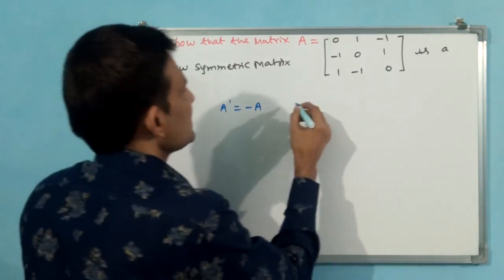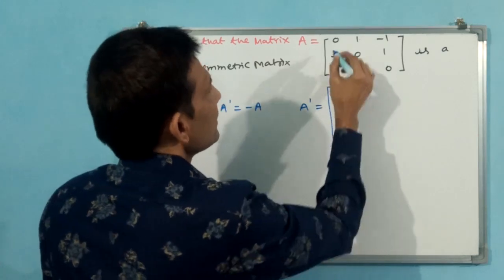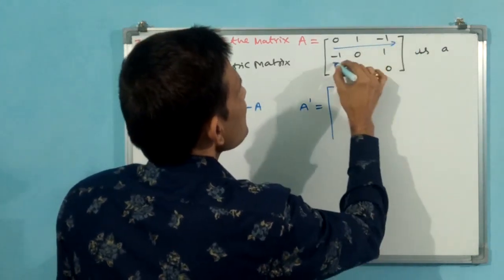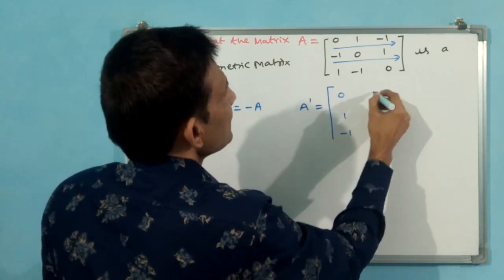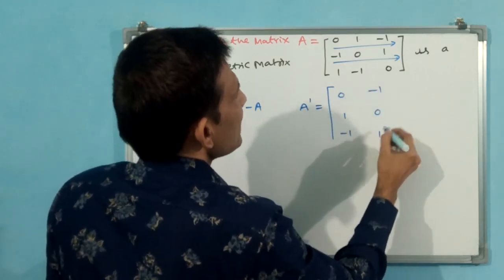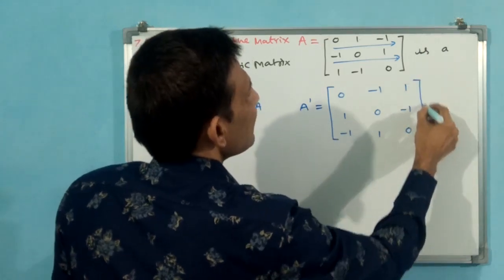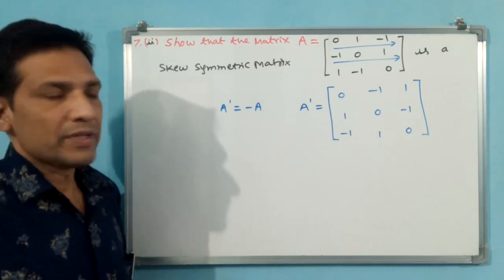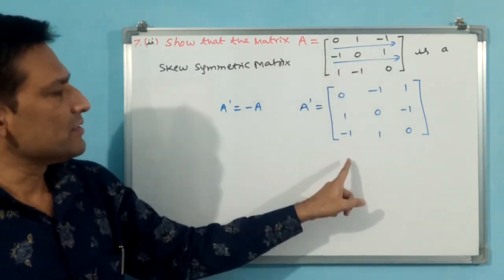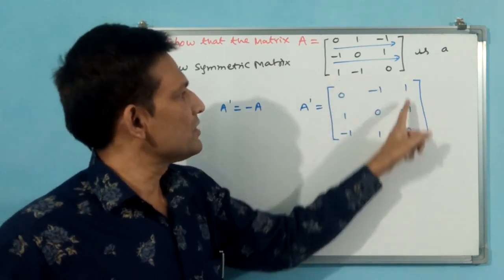Let us transpose first. A transpose is equal to, now you make these rows as columns: 0 1 -1, -1 0 1, 1 -1 0. The first row is the first column, the second row is the second column, the third row is the third column.